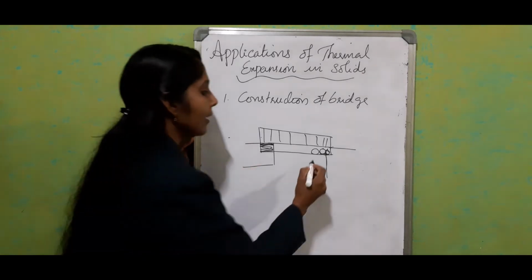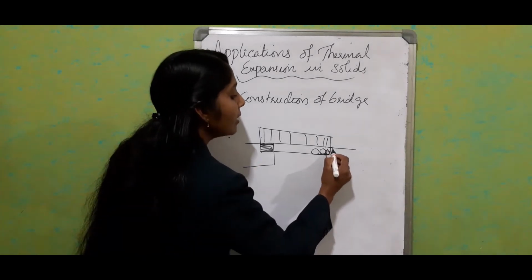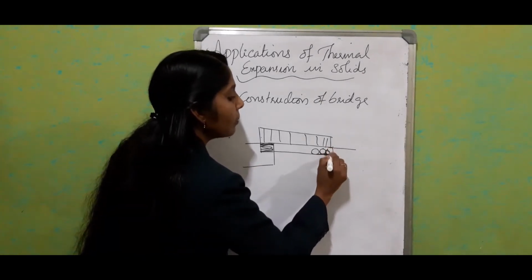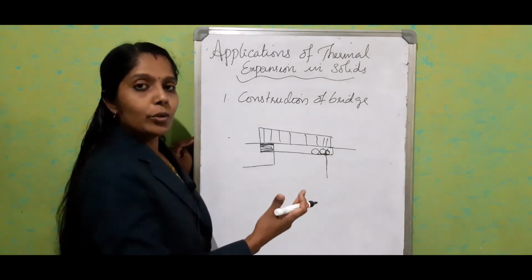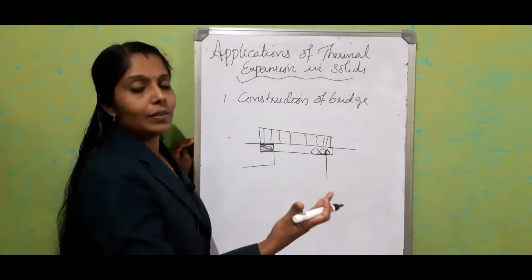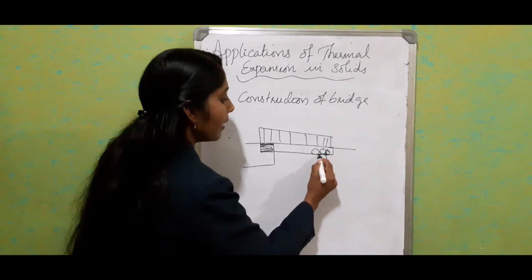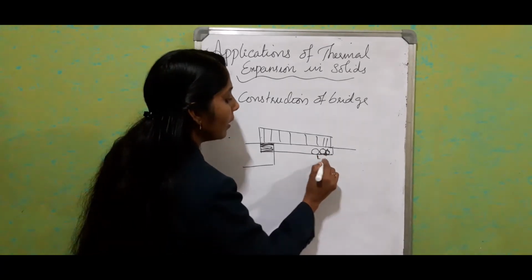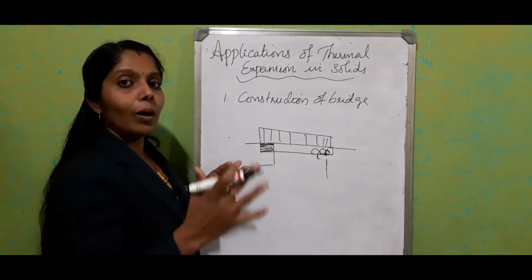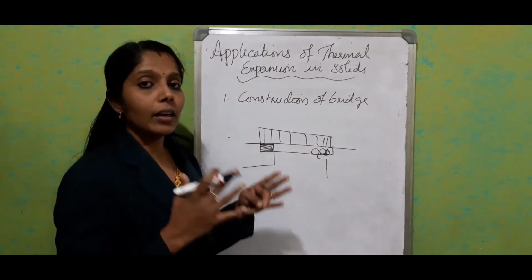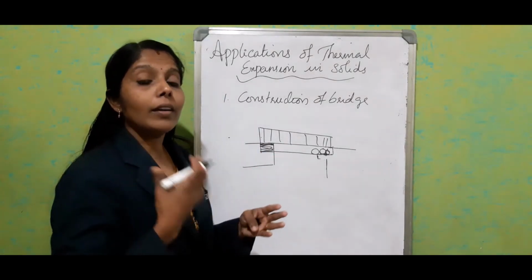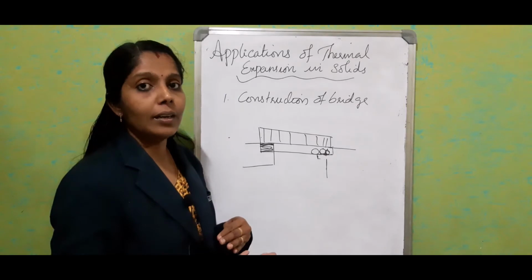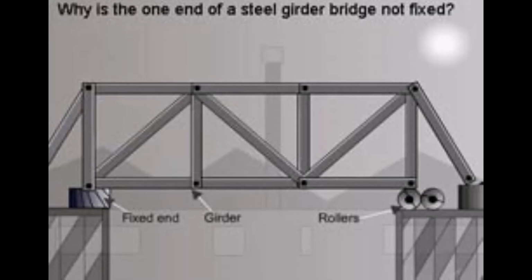When it expands in summer, the roller will move the steel, so there will be a small space. During winter it contracts, but it never goes beyond a particular limit. So the roller adjusts the expansion and contraction without affecting the strength of the bridge.